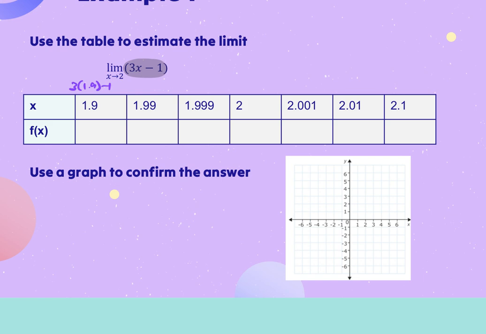And then you can take the y1 of 1.9, and I get 4.7.